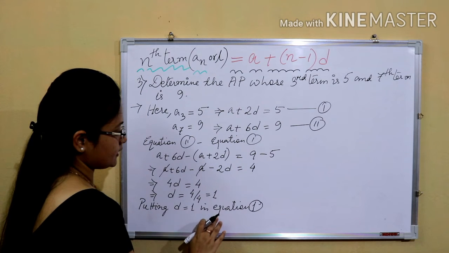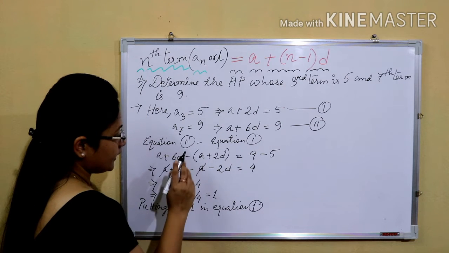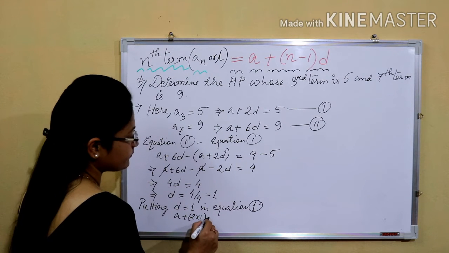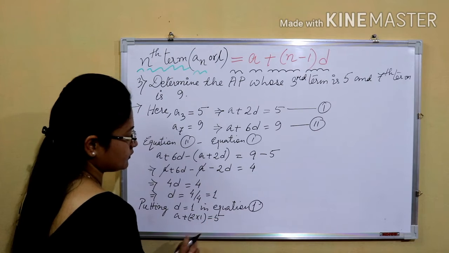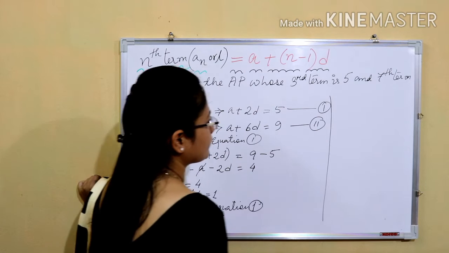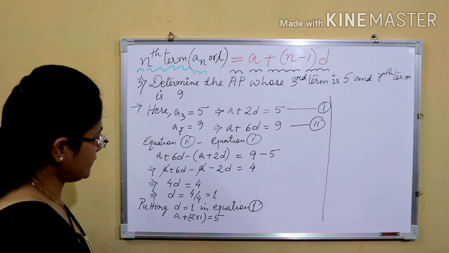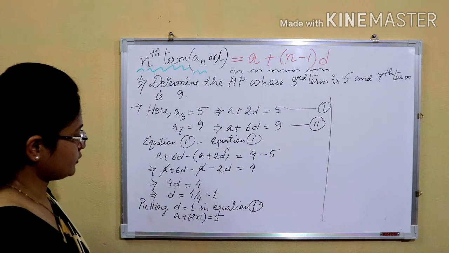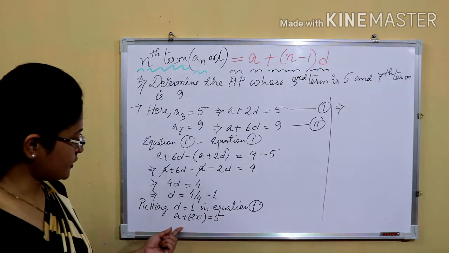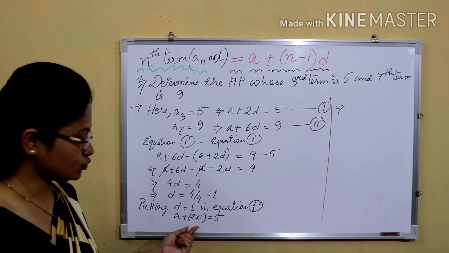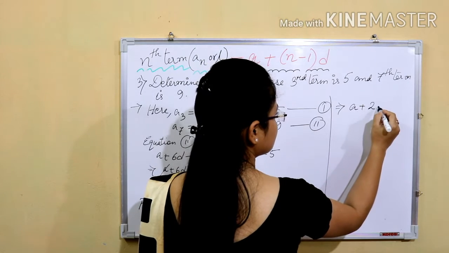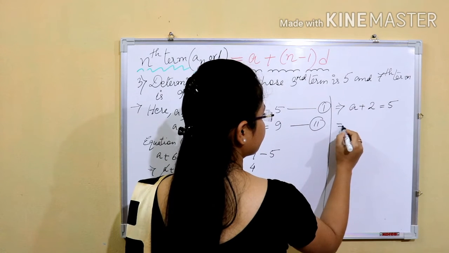Putting D equal to 1, A plus 2 into 1 equal to 5. 2 into 1 is 2, so A plus 2 equals 5.